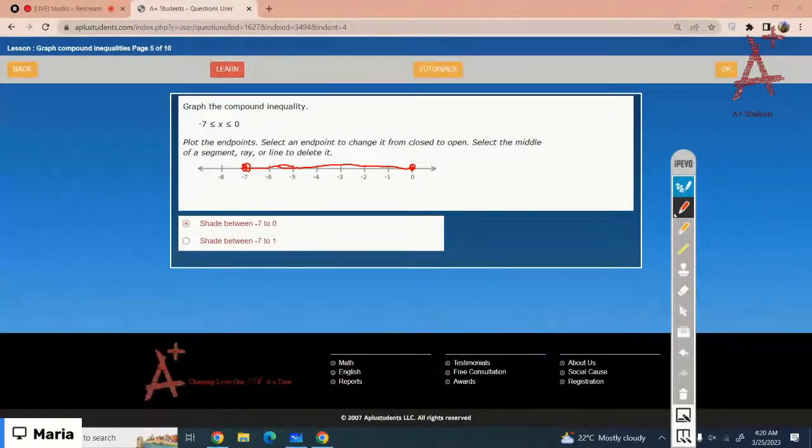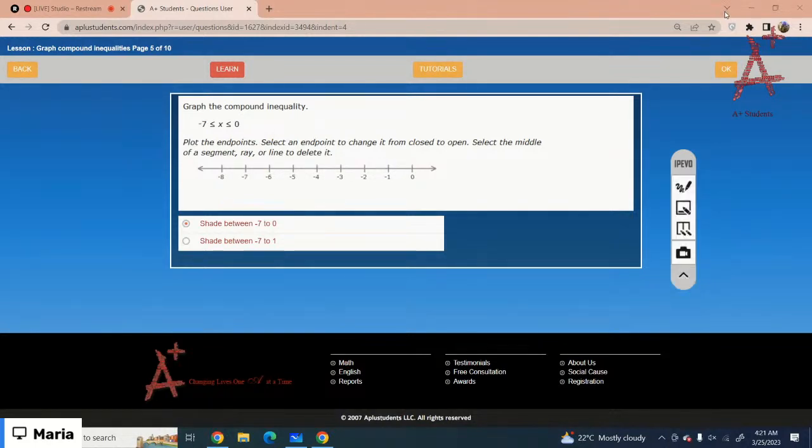It would be a line segment between 0 and negative 7. Option number 1 is the correct option. So just select the correct option and click on the OK button.